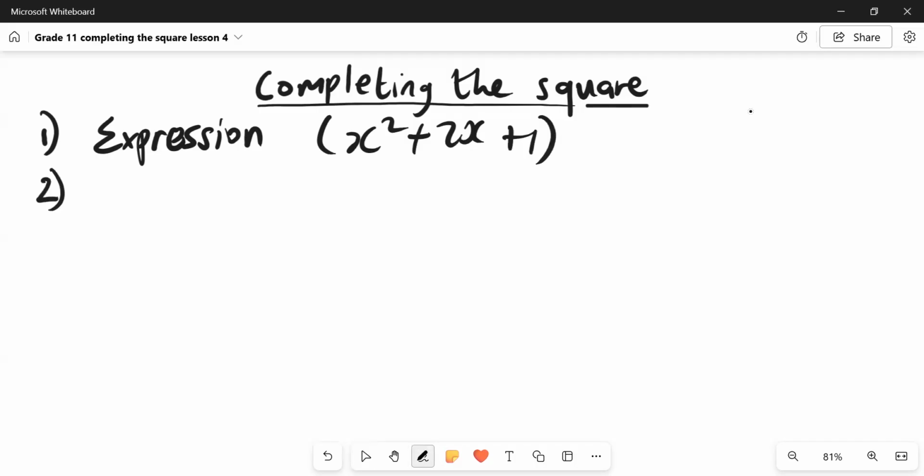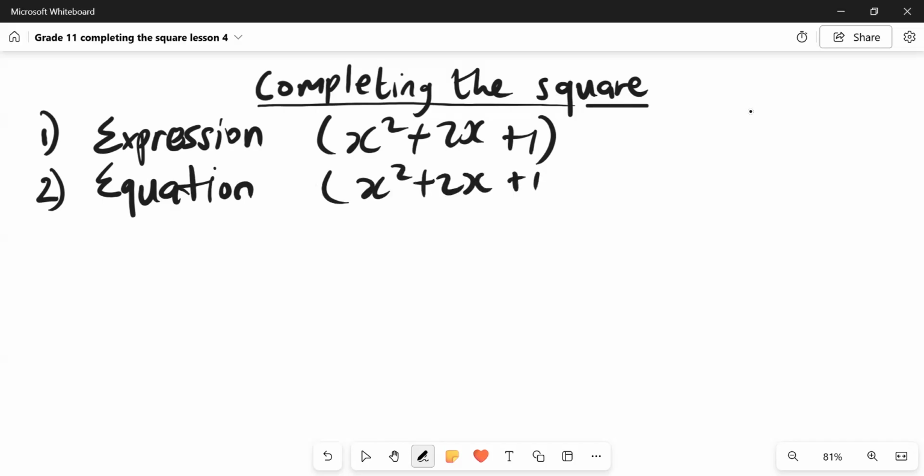And then number two, you're expected to complete the square in a quadratic equation. A quadratic equation is the same expression, but now we introduce an equal sign to prove that this is an equation. So the difference between these two is an equal sign, right?